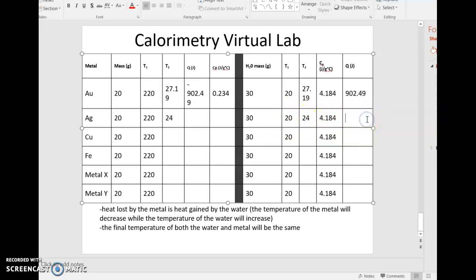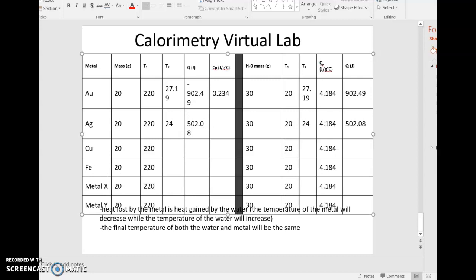So 30 times 4.184 times 4, I get a value of 502.08. That's how much heat energy was gained by the water. That value is the same as how much heat energy was lost by the piece of metal, so negative 502.08, negative because it lost it.